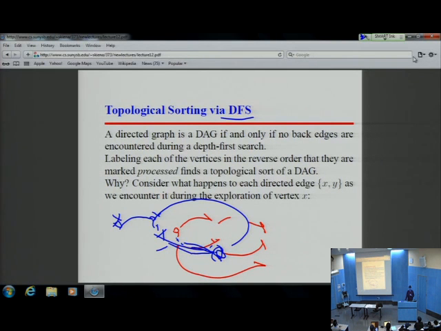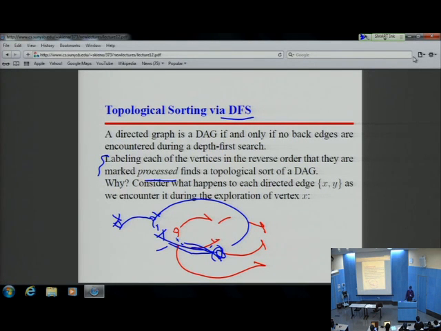So really what happens is, if I did a depth-first search of a graph, and I label the vertices in the reverse order of when they are marked completely processed, that turns out to be a topological sort of the DAG.